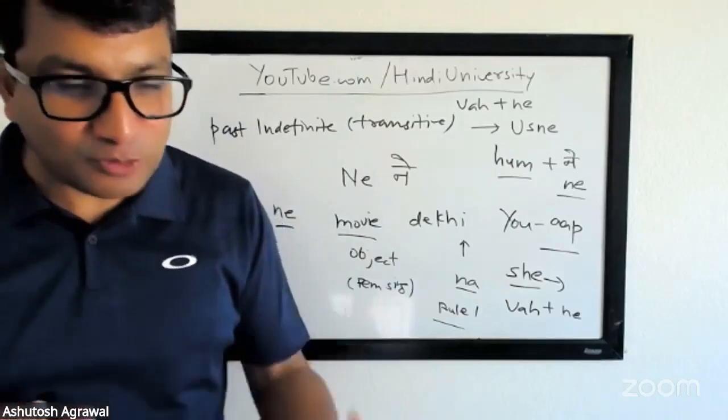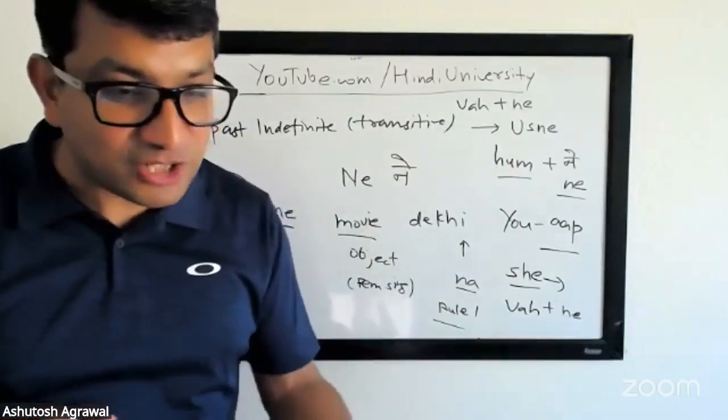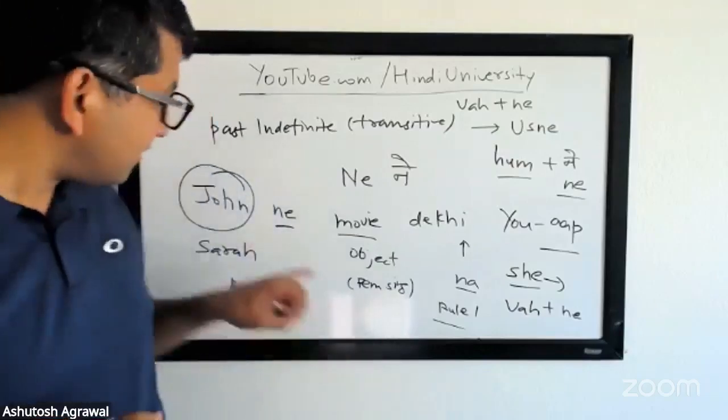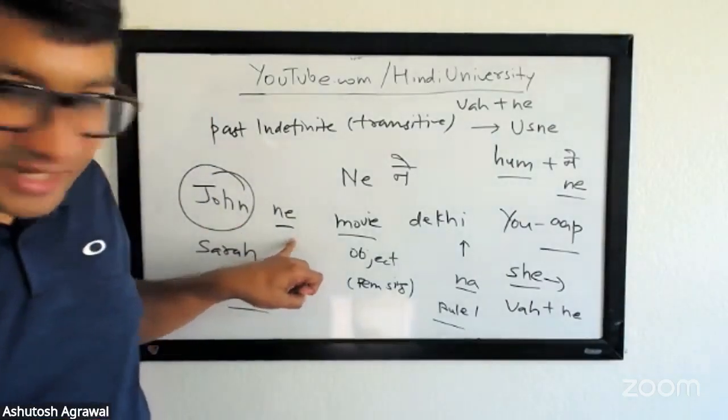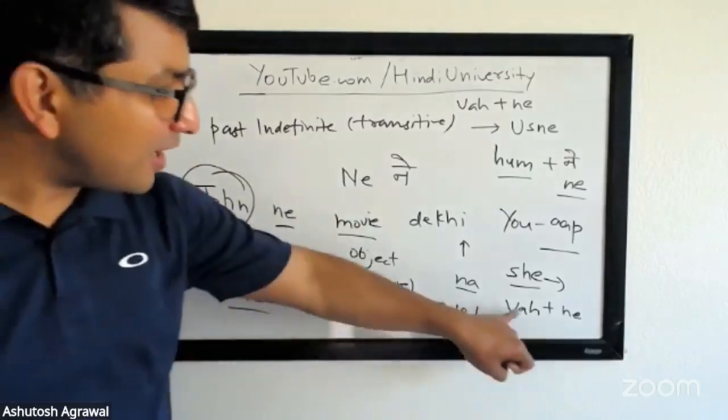If you don't have to think about usne, if it's coming naturally, that means, like John's oblique case is John, so that's why it was simple. John ne or Sarah ne or hum ne.